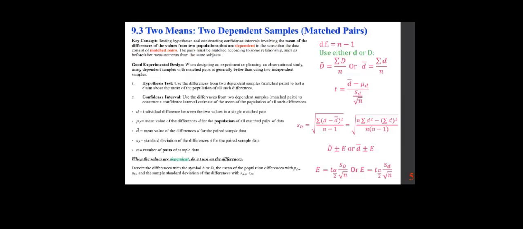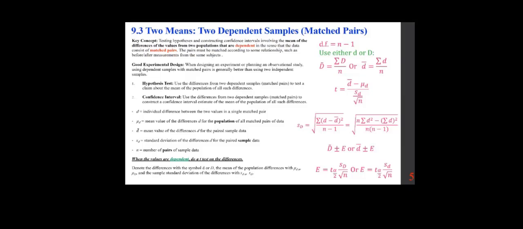I'll tell you what I mean by that as we look at a simple example. There is absolutely nothing brand new. In essence, we are repeating the previous section, but we repeat it on the difference of the matched pairs. So that would be the data that we are interested in. We'll see in a moment.